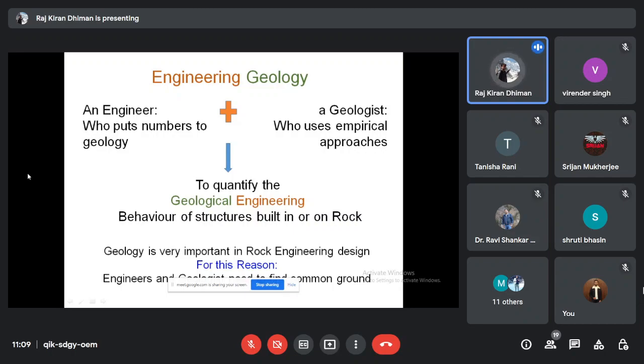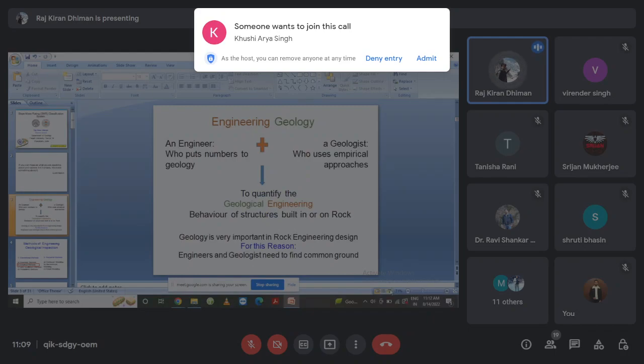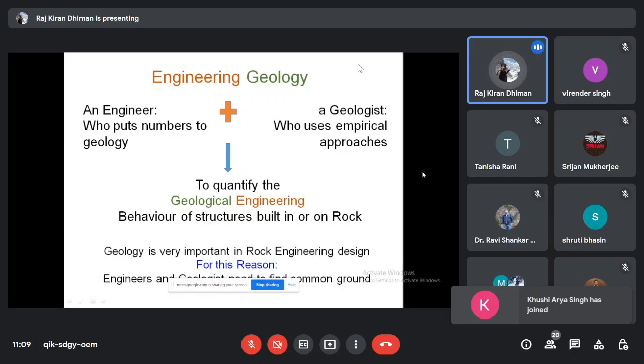I will firstly explain what engineering geology is, because when I was starting this field, I was curious to know what engineering geology actually is. Maybe some students don't know, others may. Engineers play with numbers, and we geologists are more into how something is and what the processes are.